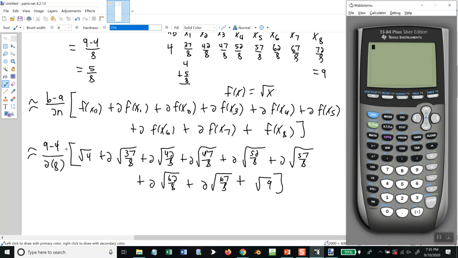Okay, 9 minus 4 is 5, so I got 5 divided by 16. Okay, so square root of 4, I'm going to put a 2 in there. I can do that one in my head. Plus 2 square root of 37 over 8.